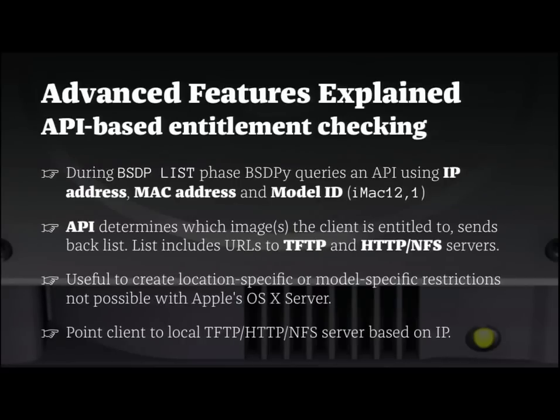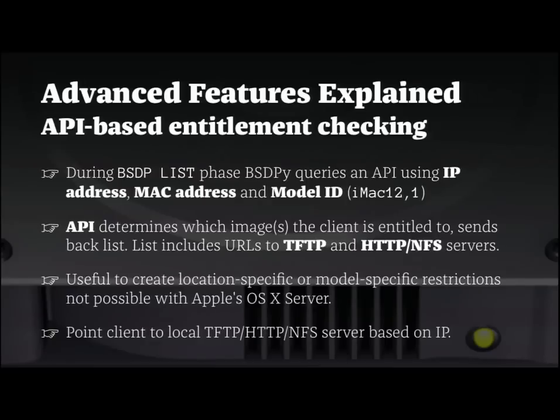So then we have the API mode. I'll go into that a little bit more because it may still be a little vague how that works. Every time a client sends one of these list requests, it sends a couple of standard items: an IP address, MAC address, and its model ID.